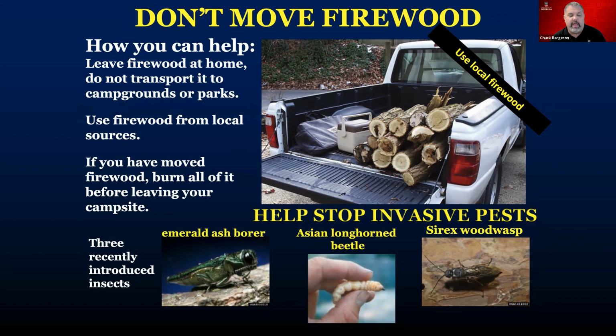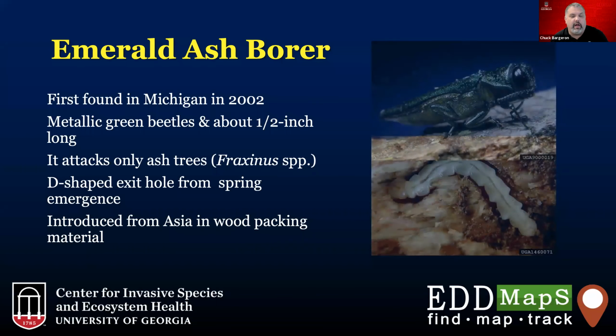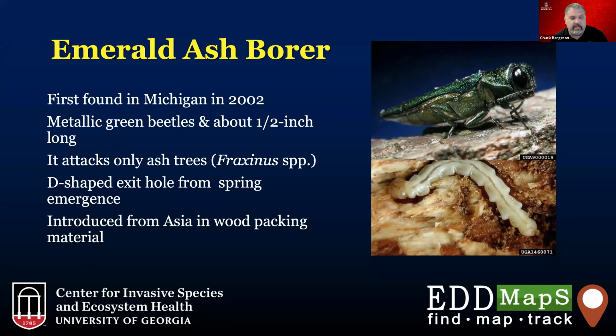After some documented cases of things moving like that, this has really taken hold, and is an important message to remember, because some of the current problems, like emerald ash borer, a pest of ash trees, was first found in Michigan in 2002. It's this shiny metallic beetle.